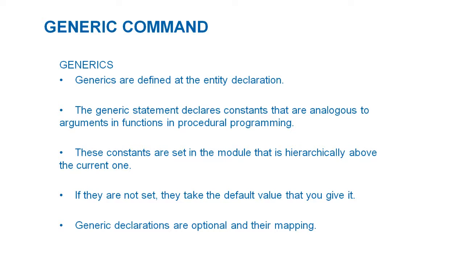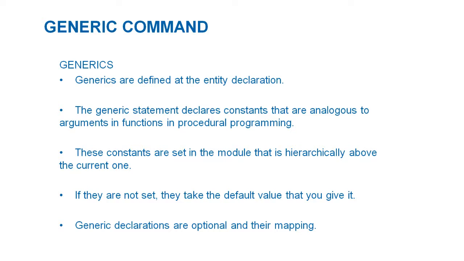But then what if we simply have an n-bit adder, in which case the same construct, the same compactness in the implementation that we have just seen can be used as many times as we like. Generics are defined at the entity level.